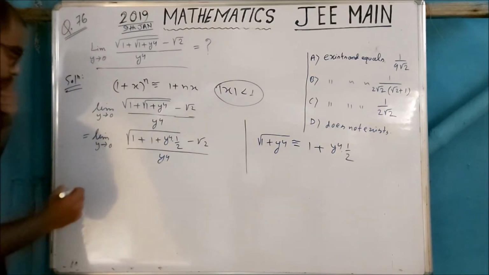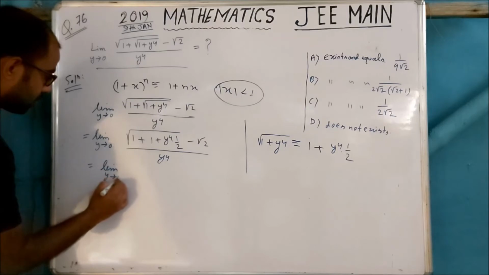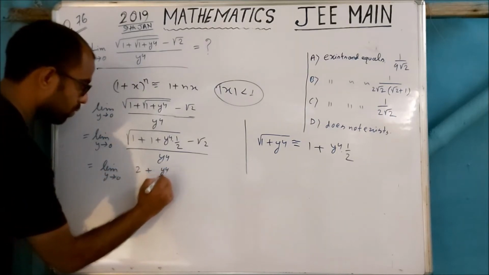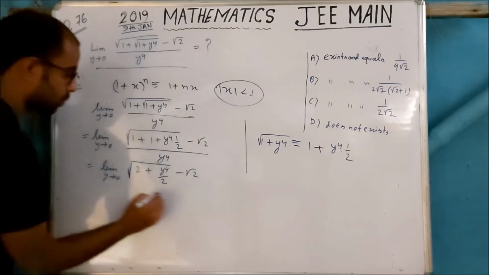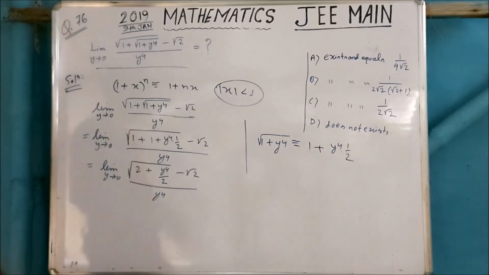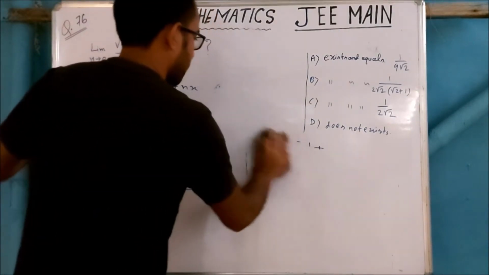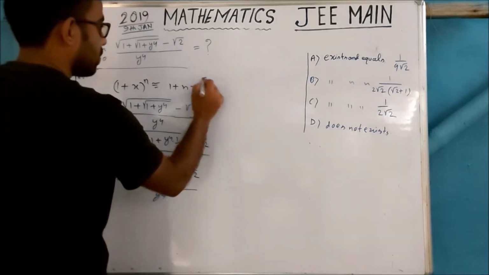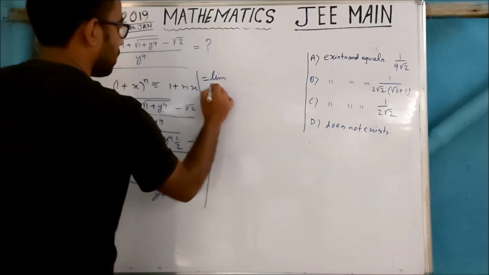Next, limit y tends to 0, root of (2 plus y to the power 4 by 2) minus root 2, by y to the power 4. Next we write this equal to limit y tends to 0.